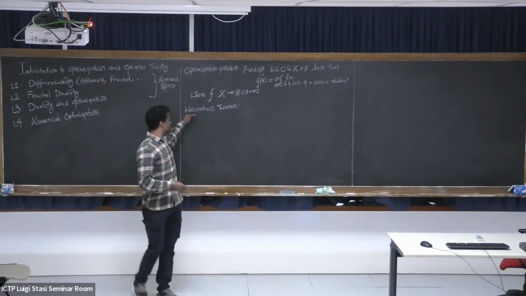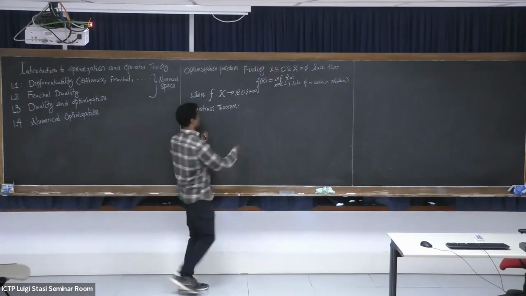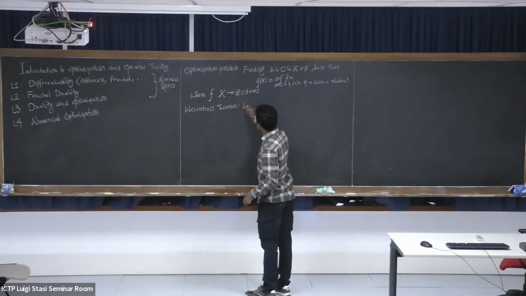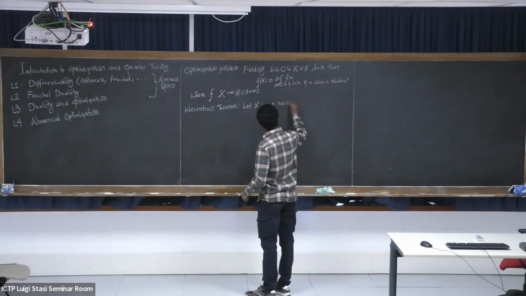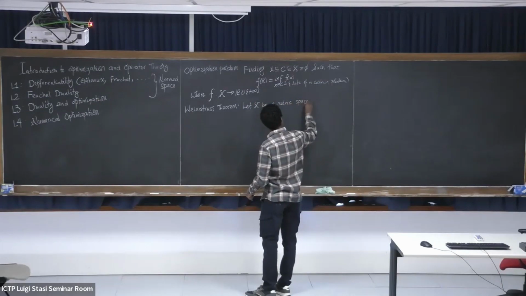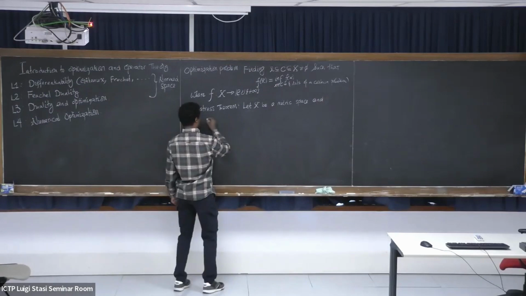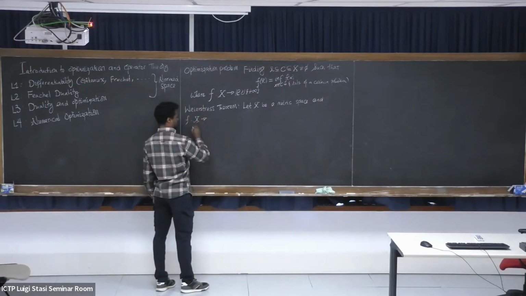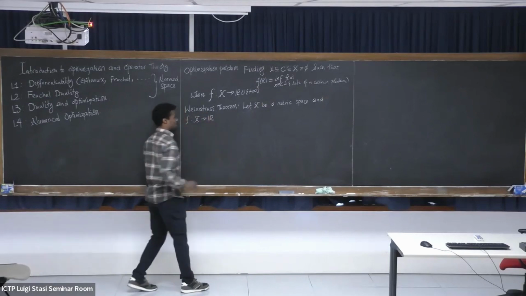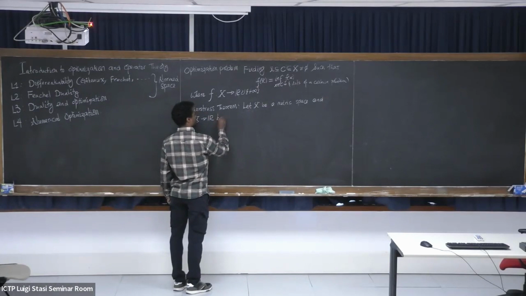It's believed to be the turning point of optimization. What it is saying is this: let X be a metric space, and f maps X to R, a function.